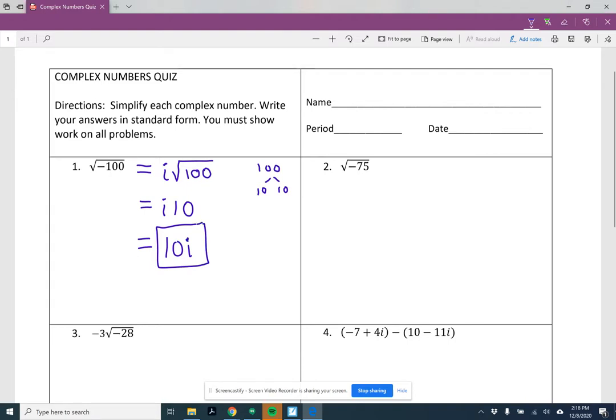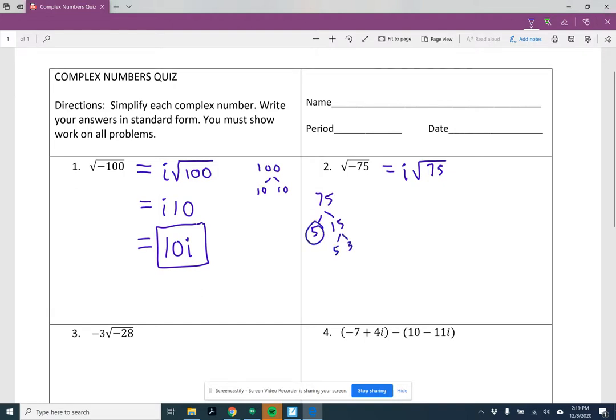Problem number 2. We have a negative number under the radical. So the first thing we're going to do, we're going to write it as i times the square root of 75. And then we're going to simplify that square root of 75. 75, you divide by 5, you get 15. Divide by 5 again.